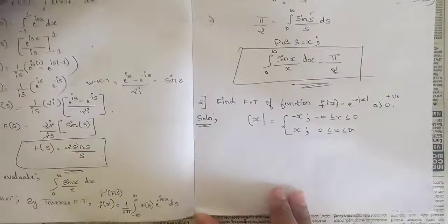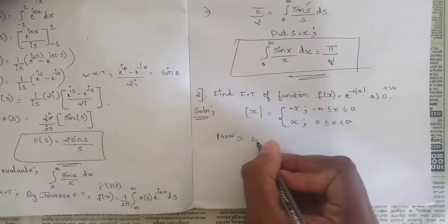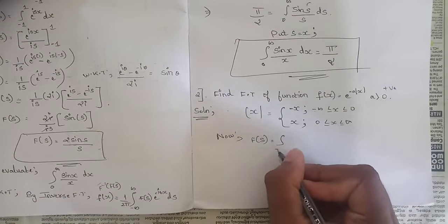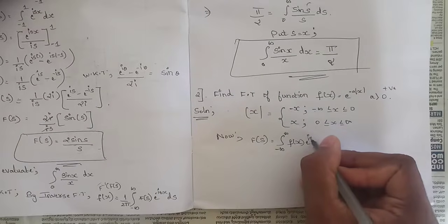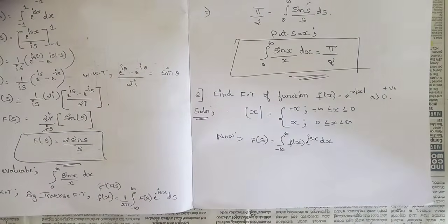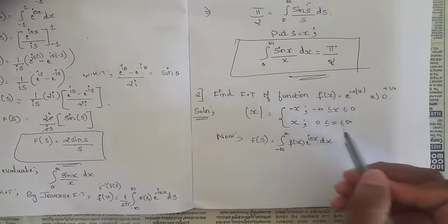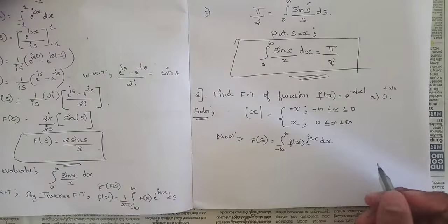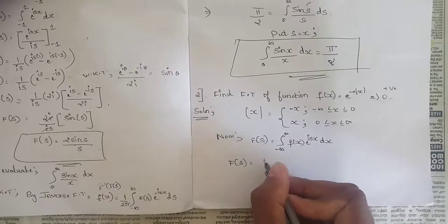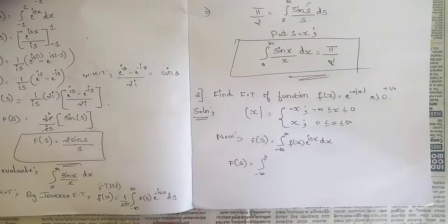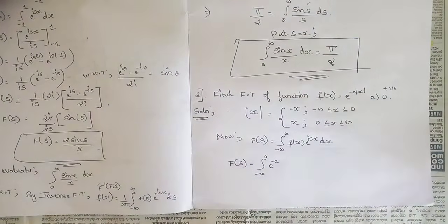So first we need to write this. By the definition of Fourier transform we know that f of s is equal to the integral from minus infinity to infinity of f of x e power isx into dx. The same thing we need to do here, we need to split the limits, one from minus infinity to 0 and another from 0 to infinity. So now f of s is equal to the integral from minus infinity to 0 of e power minus a and the function mod x.